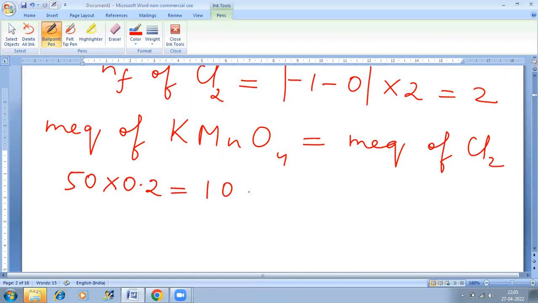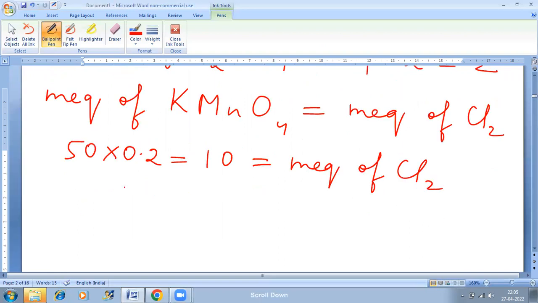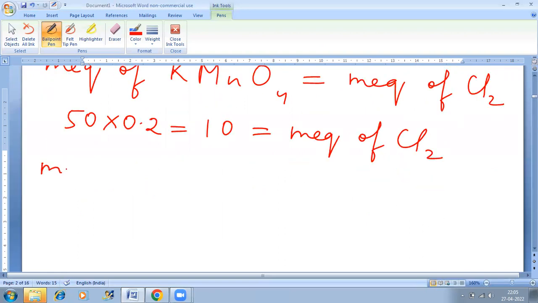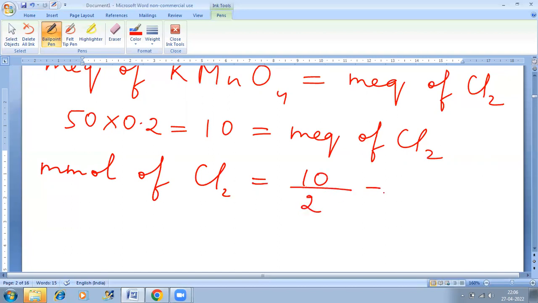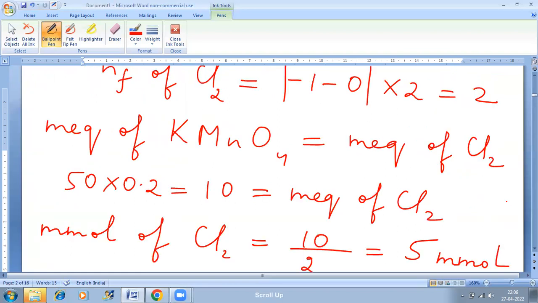That is 10. Also, that is same as milli equivalents of chlorine produced. N factor of chlorine is 2. So I can say that the number of millimoles of chlorine is 10 upon 2. So millimoles of chlorine produced is equal to 5 millimoles.